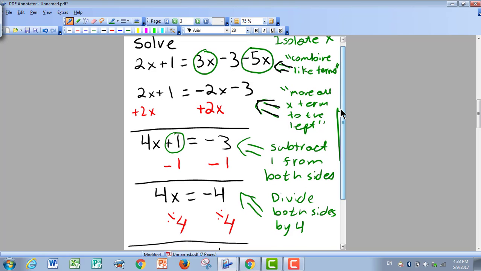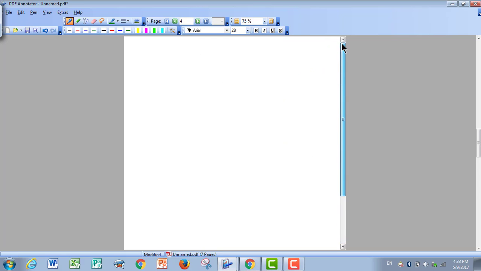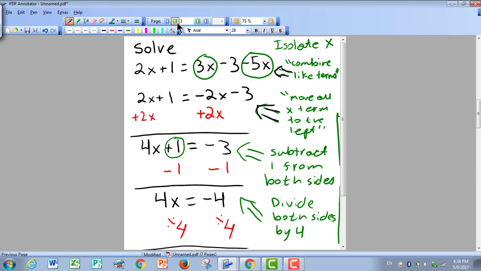And always, with these types of questions, we need to check our answer. So to check your answer, you plug back into the original equation. Need a little more room, so I have to go to a different page. So my original equation was 2x plus 1 equals 3x minus 3 minus 5x. Just go back and check that.